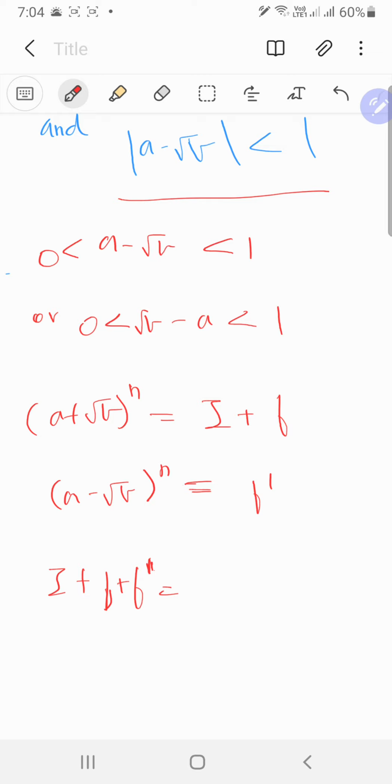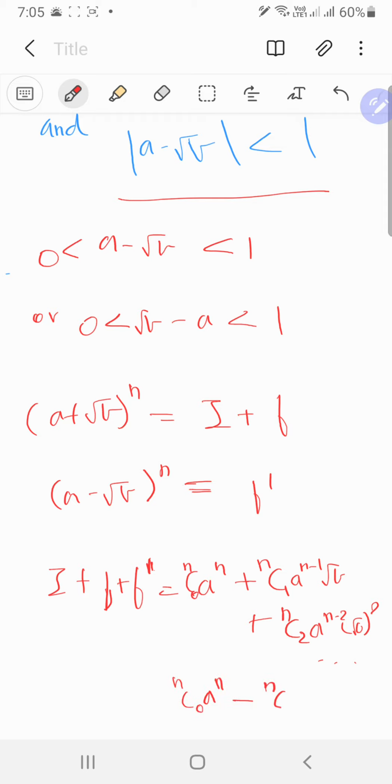So you're going to get a^n, plus nC0, and then a^(n−1)√b, plus nC2 a^(n−2)(√b)^2 and stuff like that. Okay, and then over here you're going to get nC0 a^n − nC1 a^(n−1)√b + nC2 a^(n−2)(√b)^2 and so on.